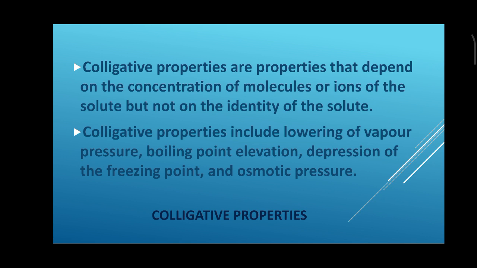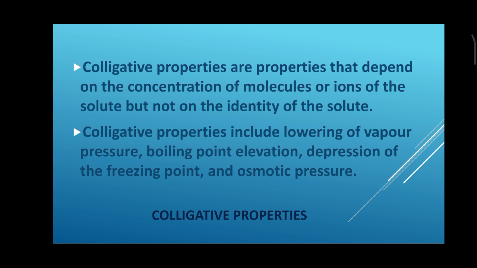And the colligative properties usually comprise four different properties, and the first two are pressure oriented properties. One is lowering of vapor pressure and another one is osmotic pressure. And we have two more colligative properties.